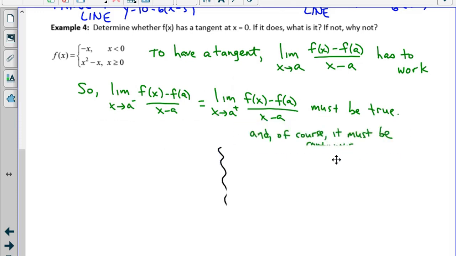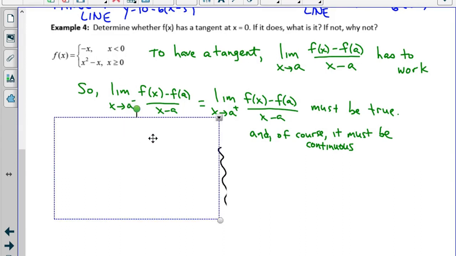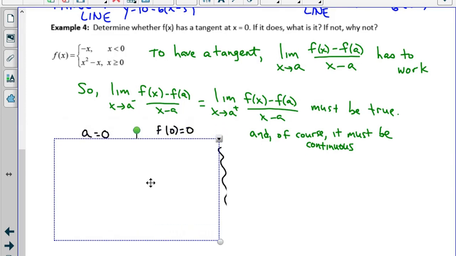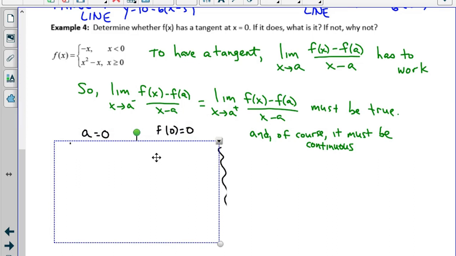Also, the function must be continuous at that point, or else you clearly won't have a tangent line. To make sure the function is continuous, you just substitute 0 in, and you get f of 0 equals 0 for both cases. Therefore, the function is continuous.